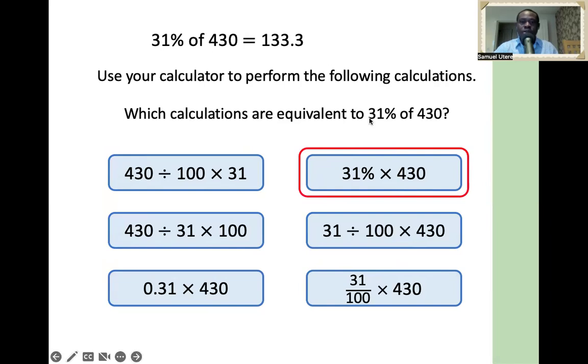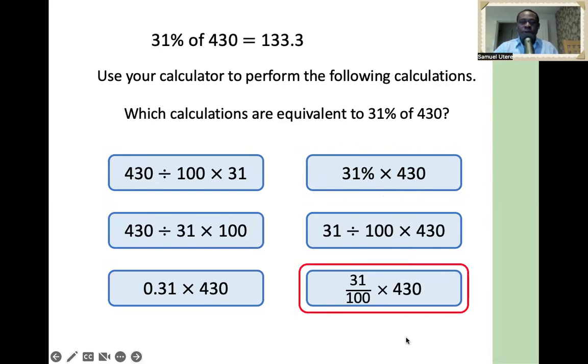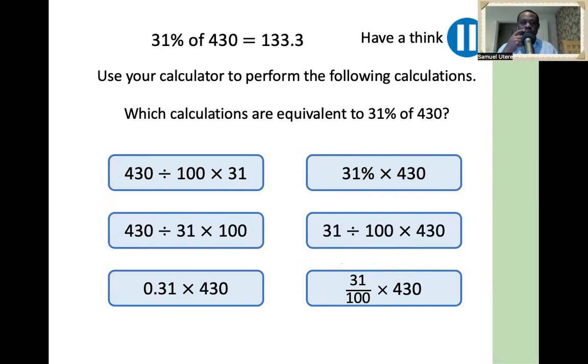So remember to use your percentage button after you input the number 31. This one, you're going to need the fraction button in your calculator. Okay, so I would now like you to have a think and see which of these calculations are equivalent to 31% of 430.